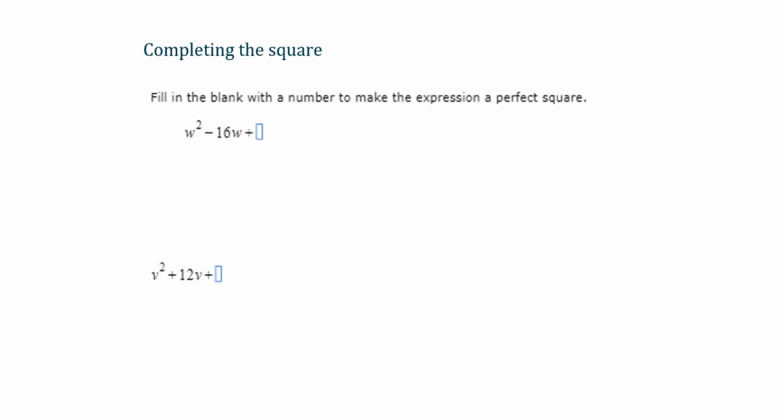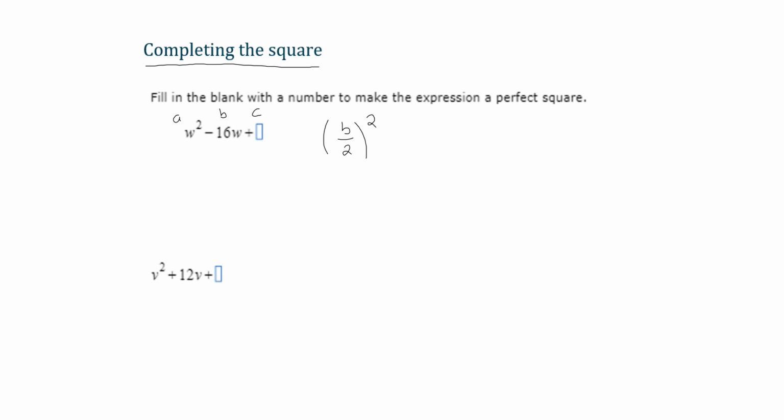So our first topic today is completing the square. Typically when we talk about quadratics, this is our A, this is our B, and this is our C. To find the number that goes in this box to complete the square, we take B divided by 2 and we square it.